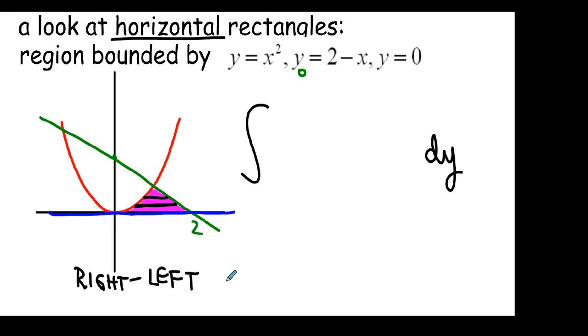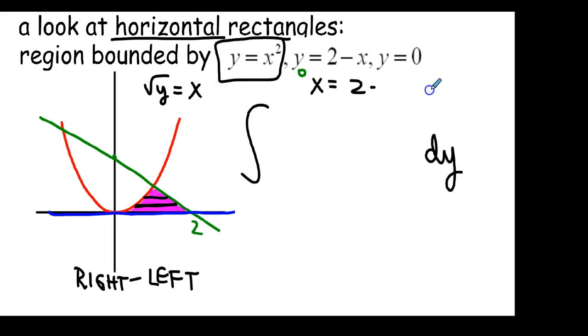But if it has to be in terms of y, that means you'll have to solve your equations for x. If y equals x squared, x equals the square root of y. And if y equals 2 minus x, x equals 2 minus y.